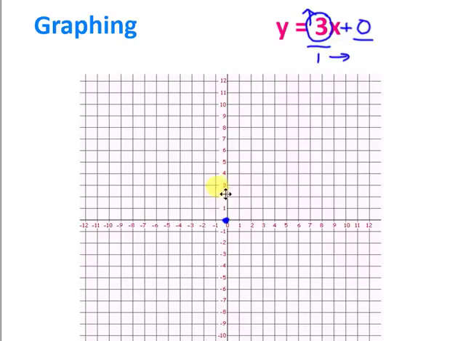So up 1, 2, 3, over 1. Again, 1, 2, 3 over 1, and that should be good enough. And we'll get our line there. And make sure you're pausing the video because you'll probably need more time to plot your lines too.